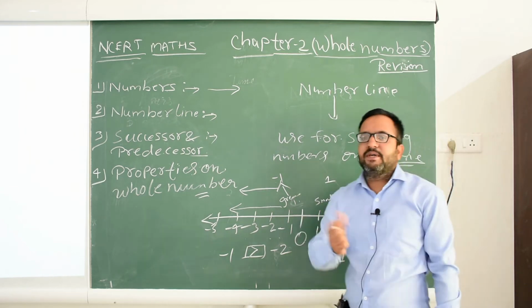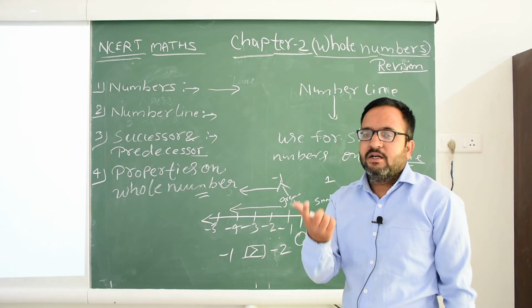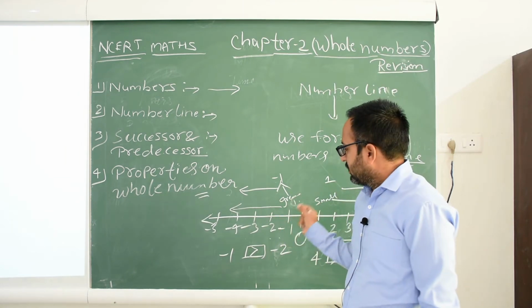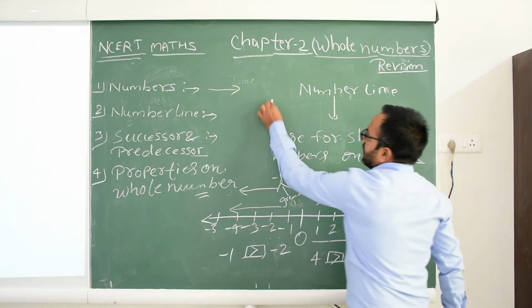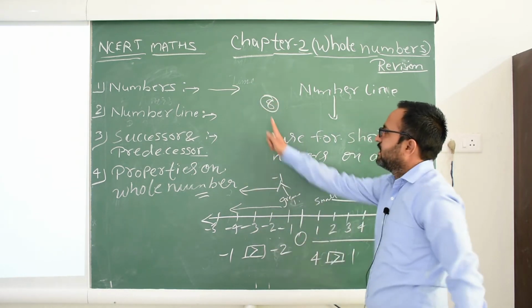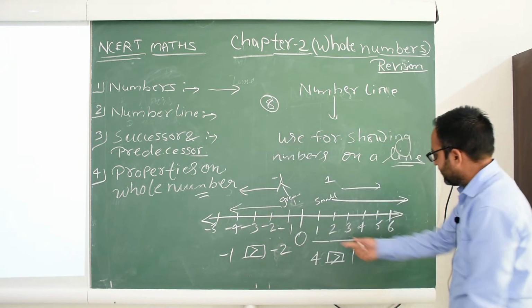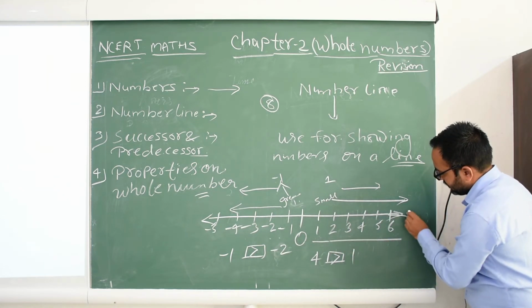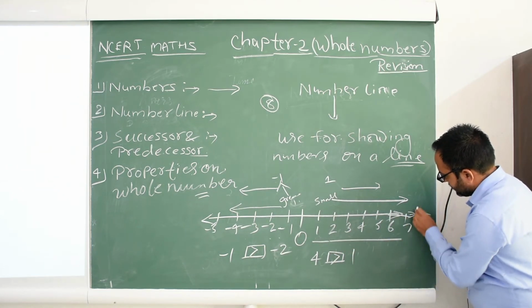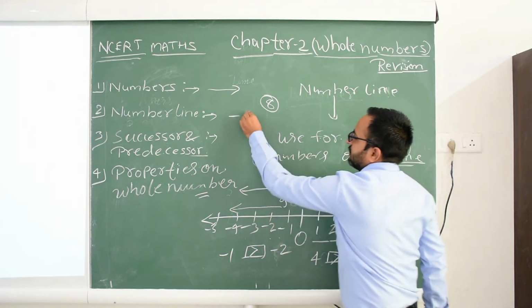How do we show any number on a number line? The question arises in your mind: how do we mark any number on the number line? Suppose 8, how do we represent 8 on a number line? 8 is a positive number, so it is on the right side: 1, 2, 3, 4, 5, 6, 7 and 8, so this is 8. How do we find minus 4?